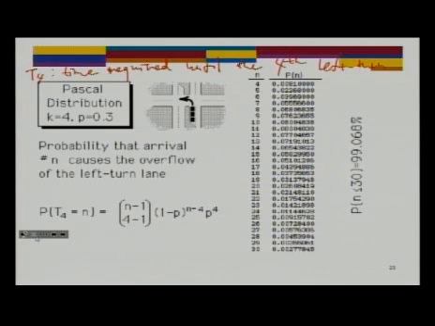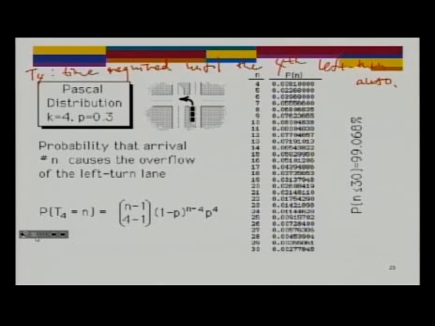Left-turning autos. So it is the time until the fourth success, okay? Because if 4 or more cars wish to turn left, it is over the capacity of the left turn lane. Is that right?